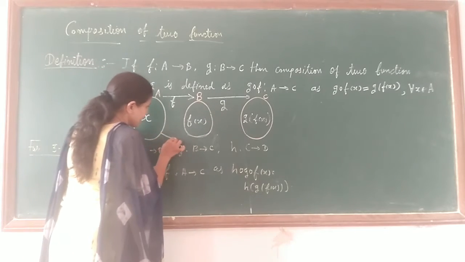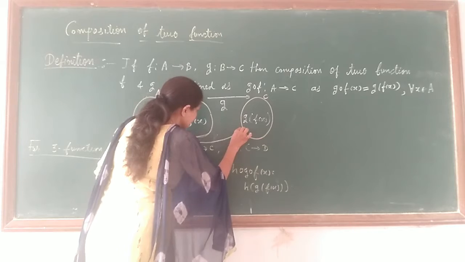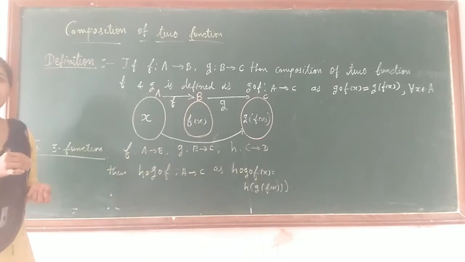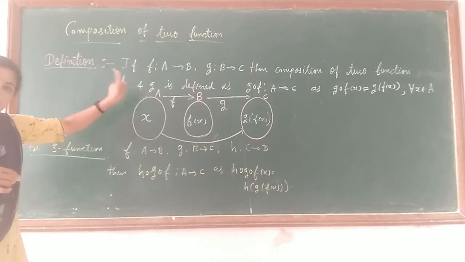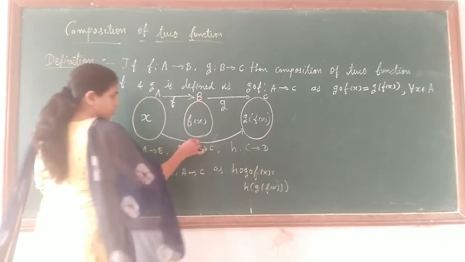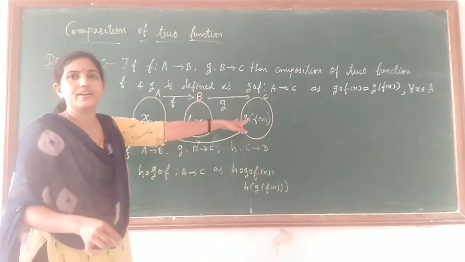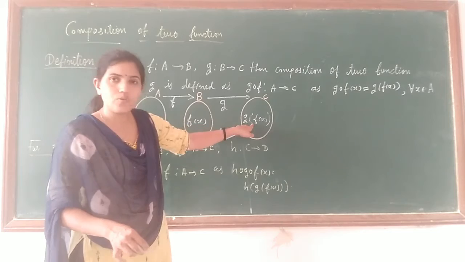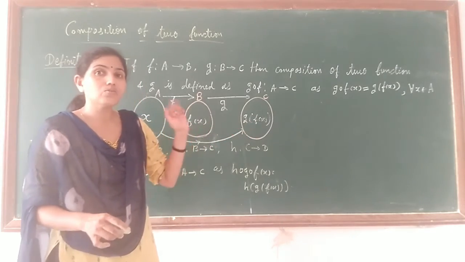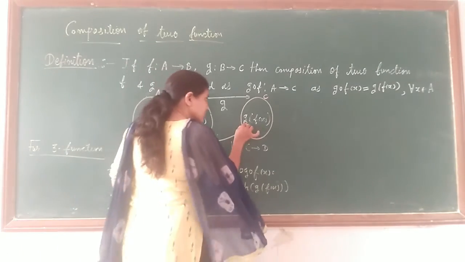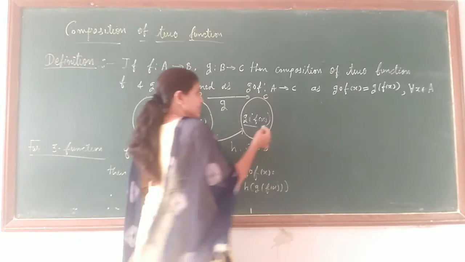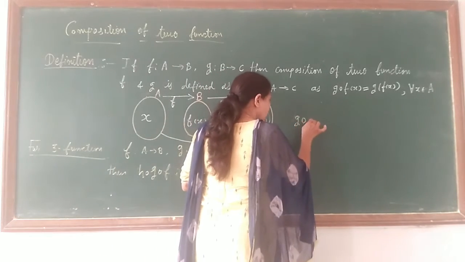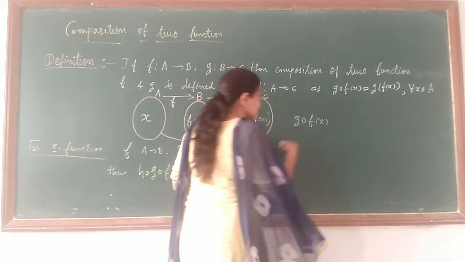Now we define one function from A to C, which is defined as g of f of x. Now how to write this function? Since this is g of f of x, I write it down.